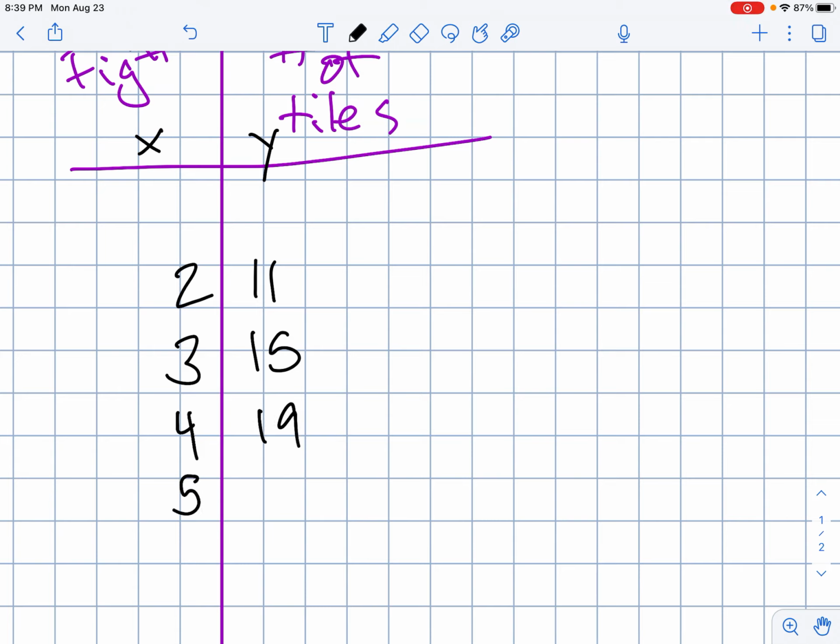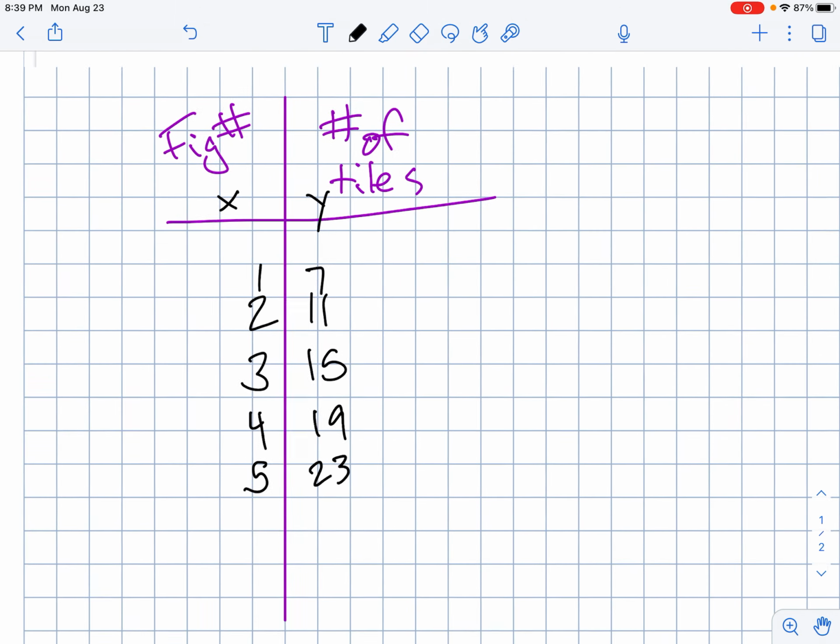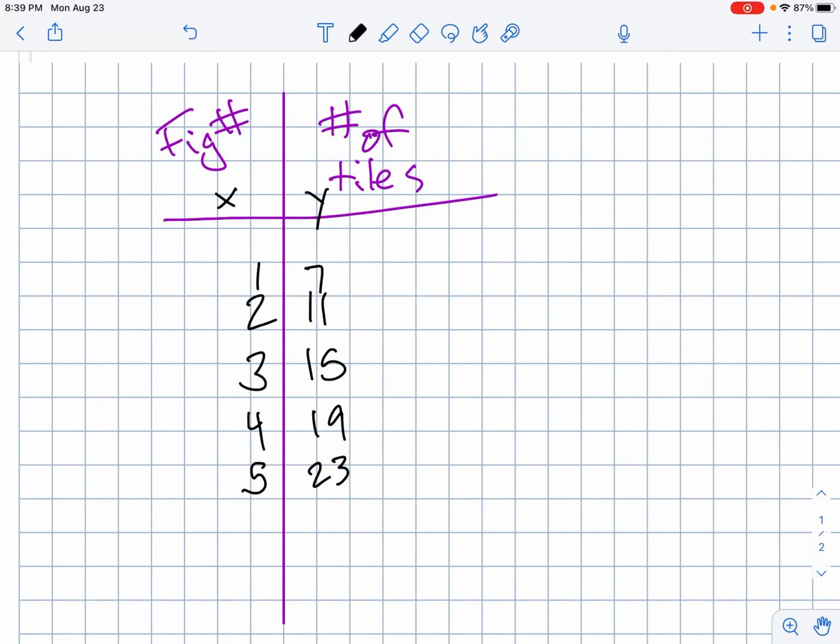Figure 5 will have 23 tiles. And you could go, okay, figure 1 will have 7 tiles. How many would figure 0 have? Yes, we can have a figure 0. Figure 0 is going to become very important to us, actually. 4 less than 7 would be 3. So figure 0 would have 3 tiles.